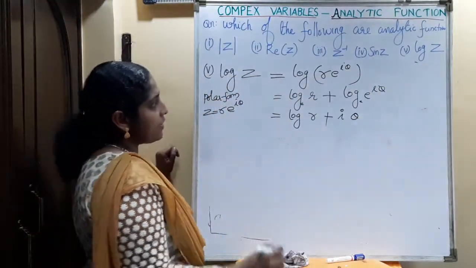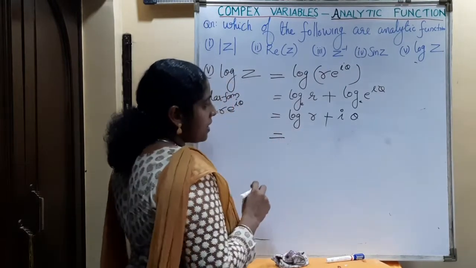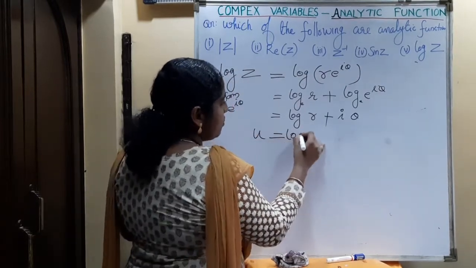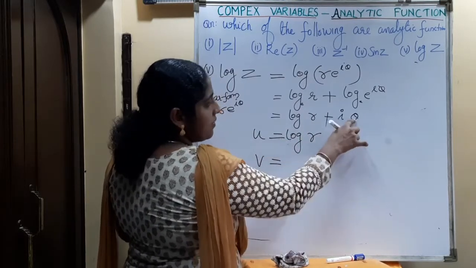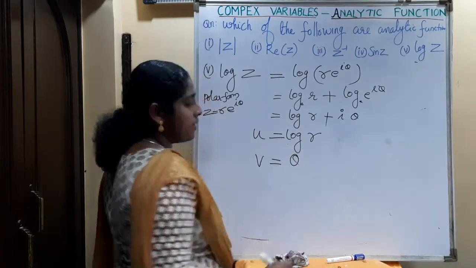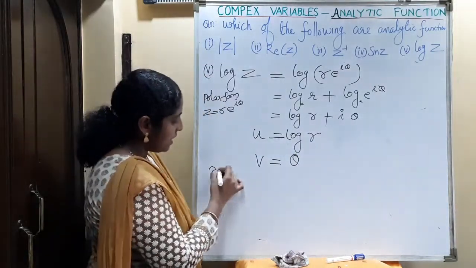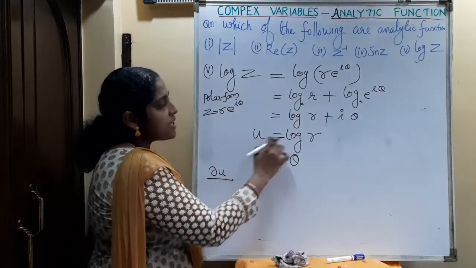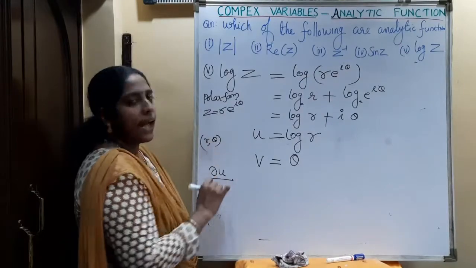So what we are getting here is u equal to log r, and v is equal to, what will be our v? That is the imaginary part, that will be theta. From this there is no need to find the differentiation. It is clear that u is a function of r only, and what we require are these two coordinates r and theta.